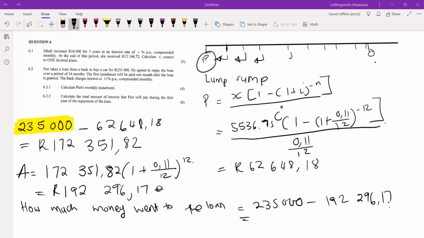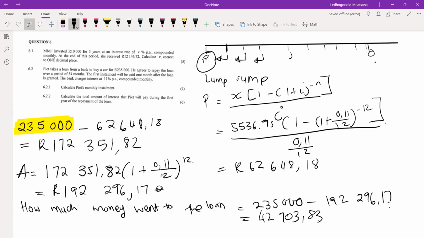And that should give us the same value we got before of 42,703.83. Okay, that's how much went to the loan.